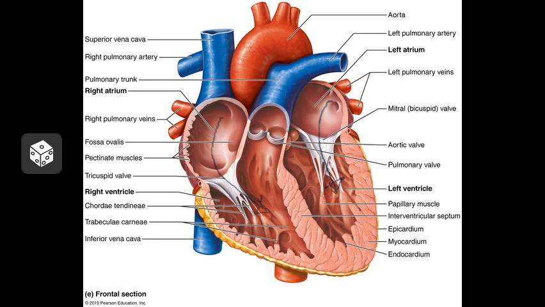The walls of the atria are quite thin, which means that although they have cardiac muscle with which to contract, they don't contract with much force. They don't need to.